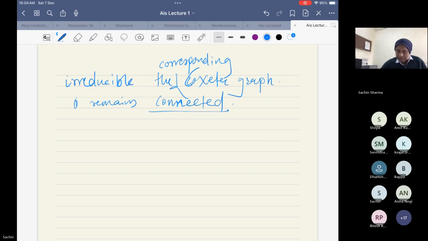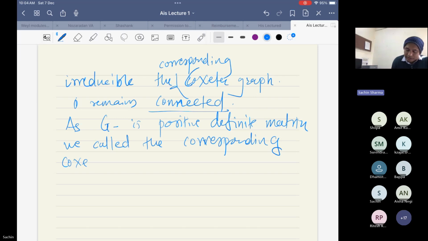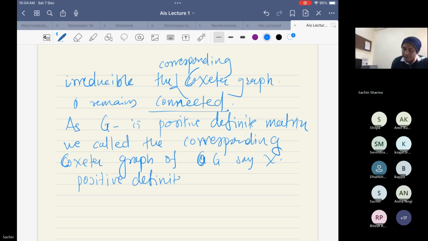Okay. As G is a positive definite matrix, we will call the corresponding Coxeter graph of G, say X, a positive definite connected Coxeter graph.